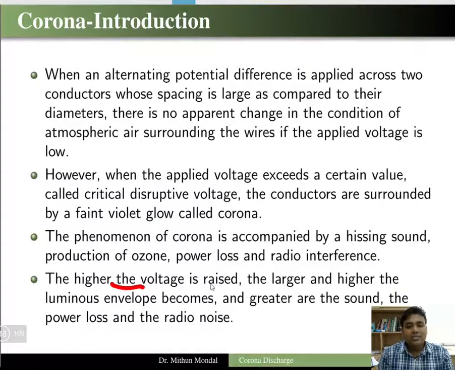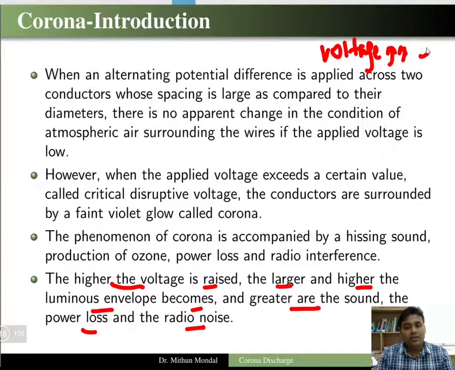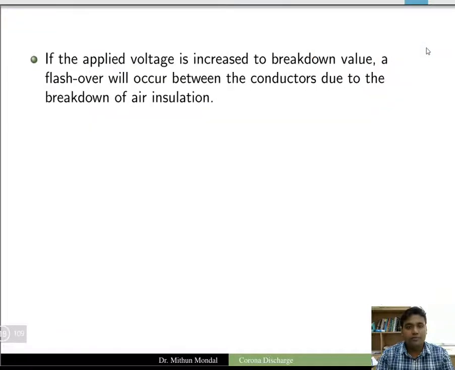The higher the voltage is raised, the larger the luminous envelope becomes, and greater are the sound, the power loss, and the radio noise. So as the voltage in the transmission line increases, the corona effect also increases, and you can see more glow, more sound, and more power loss.